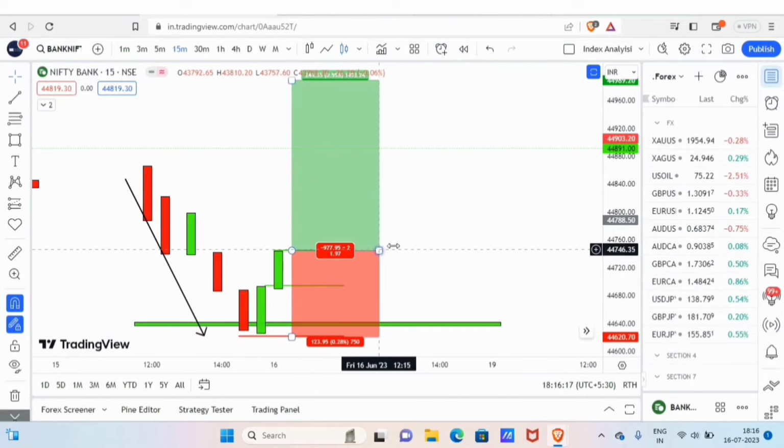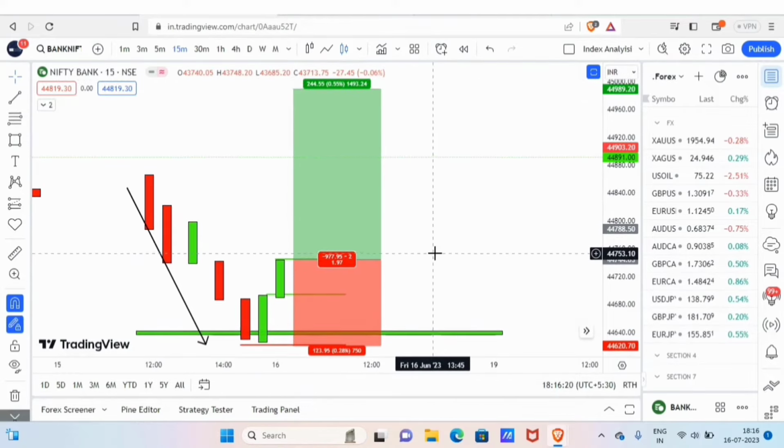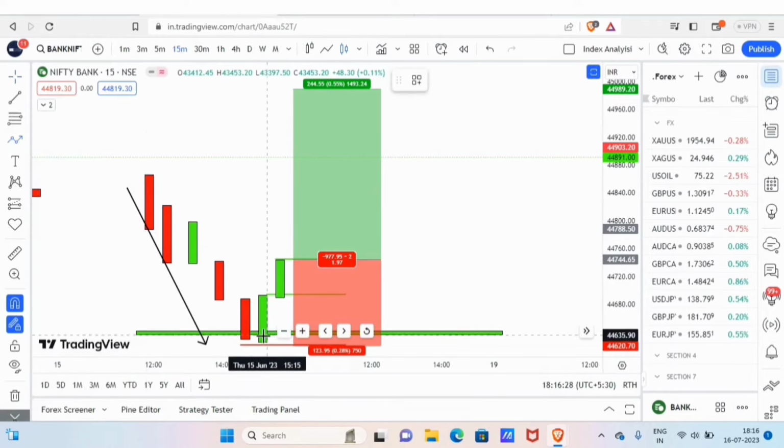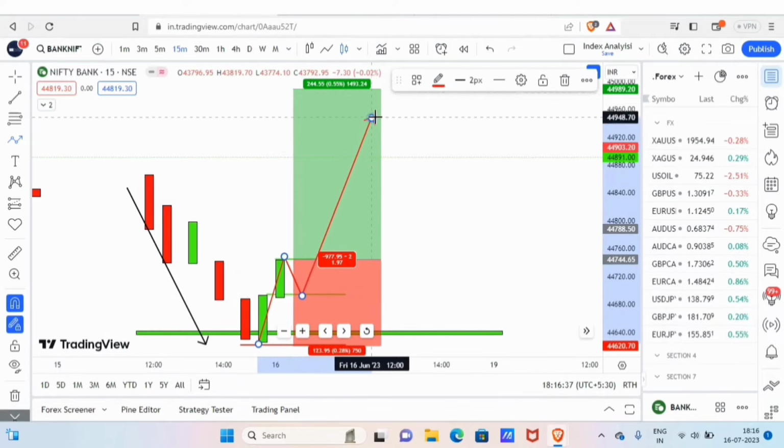So as per this method, this is the ideal way to set a target and stop loss. If not, as I said before, when the price goes up and the buy is confirmed, wait for a retracement to happen and initiate your trade.